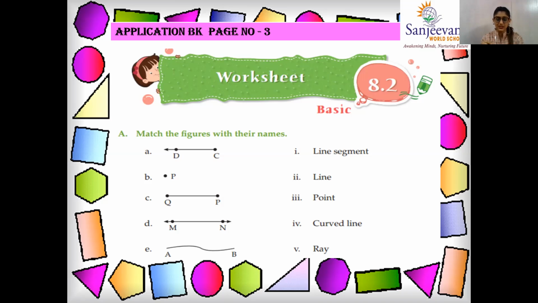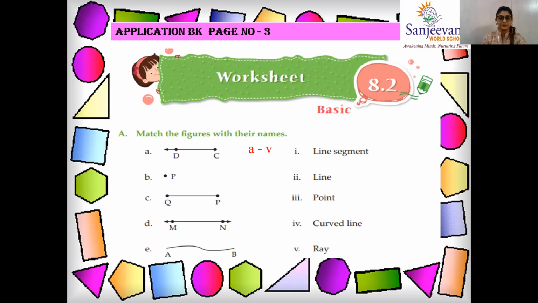Is it a line segment? Is it a line? Is it a point? Is it a curved line or is it a ray? What is it? Correct. So, figure A, you are supposed to match it with the fifth one, that is ray. So, A, 5. DC is a ray.